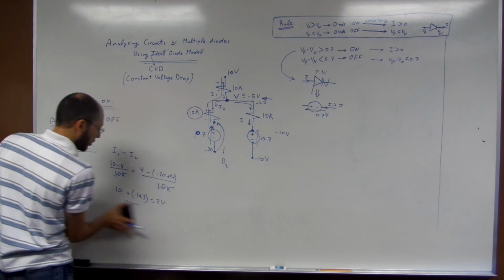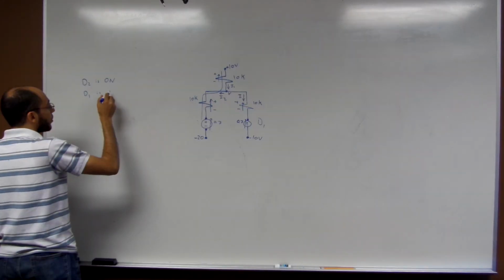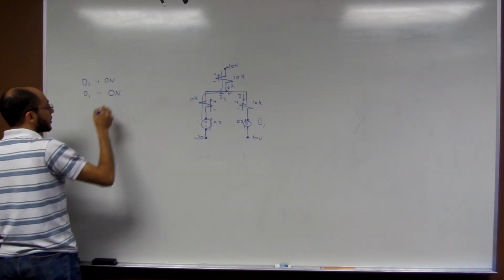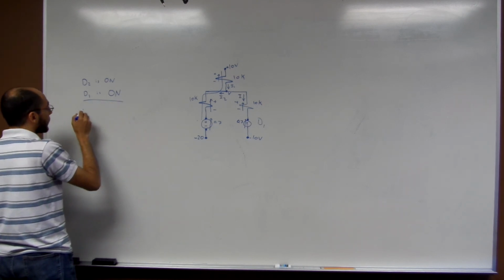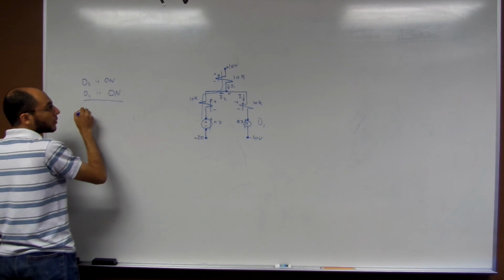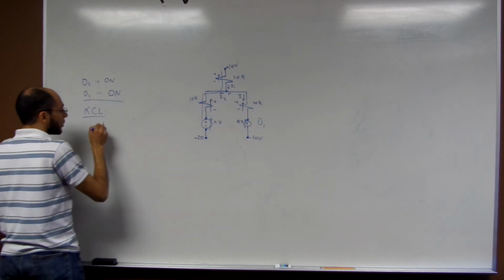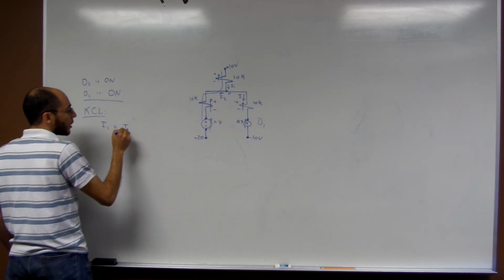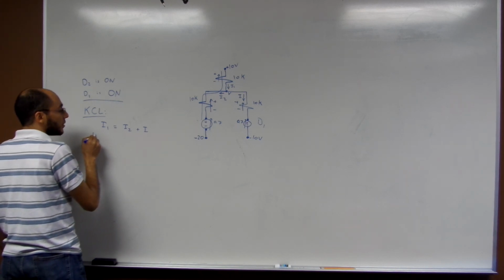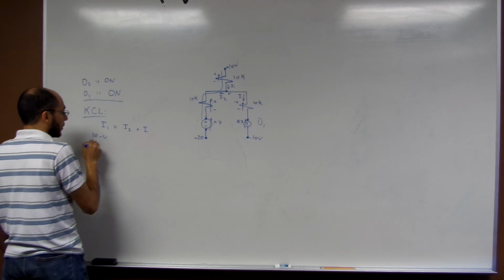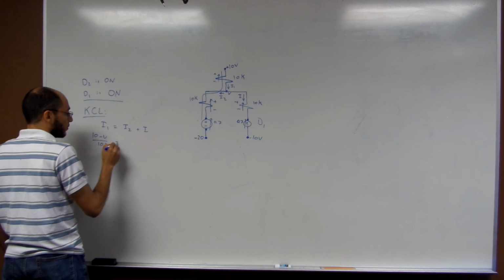Alright? So let's do, when the diode is on, what do we have? We have I1 equals I2 plus I, and I1 equals 10 minus V over 10 kilos, right?